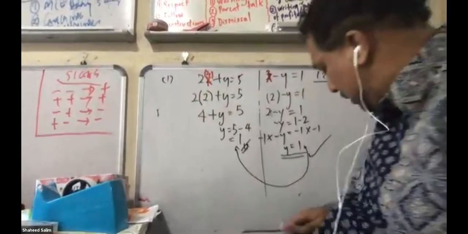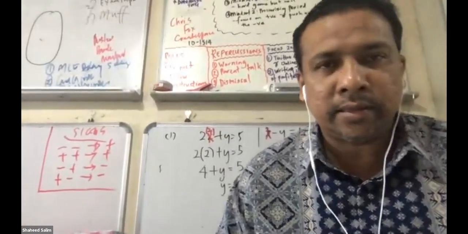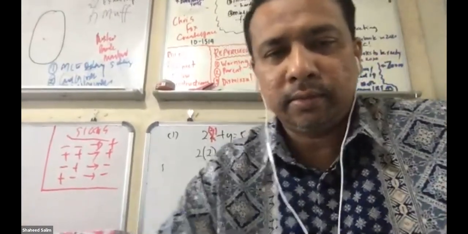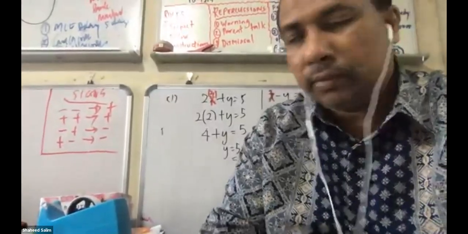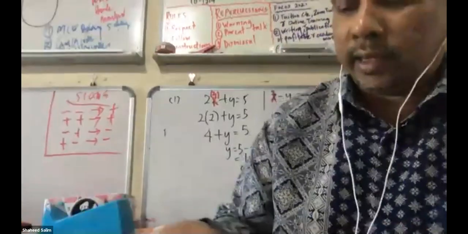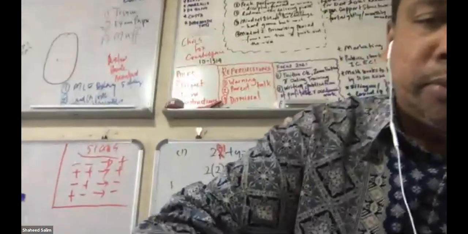So let's try again. This time we try question 1C. You have to believe in yourself. You have to believe you can get the right answer and just be calm. Every time you make a mistake, it's okay.